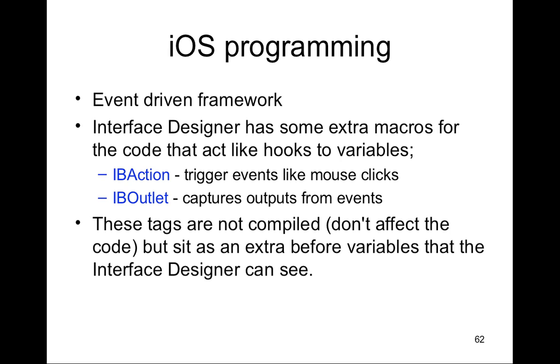But it's not per item that you're putting on top of the item, it's the item itself. So rather than creating a button and then putting an action on the button, you're just saying, this is an IB action that's coming from the button. I've put the button on the canvas, dragged it over, and linked it to the code, and here's the action. So it's a little bit clearer, I think, in terms of the event-driven behavior.